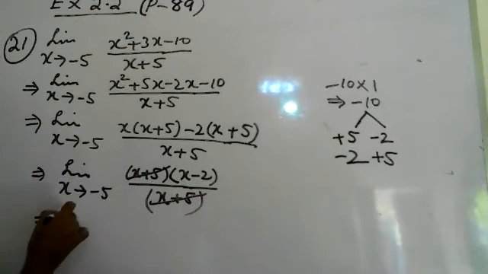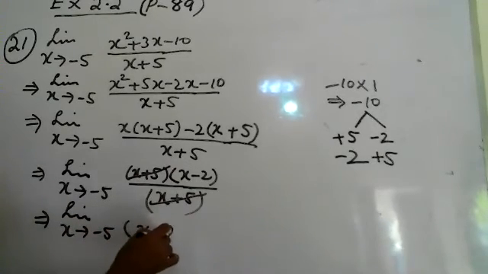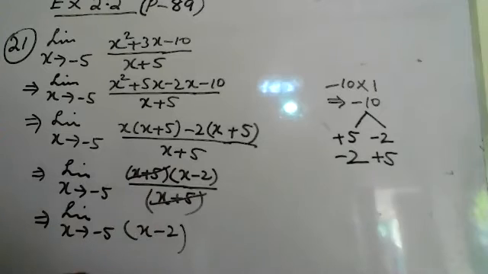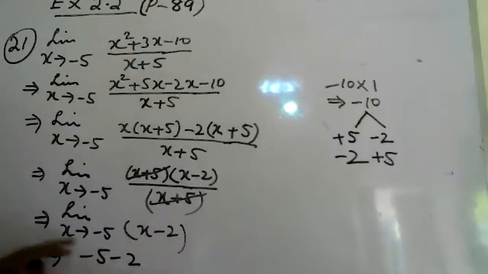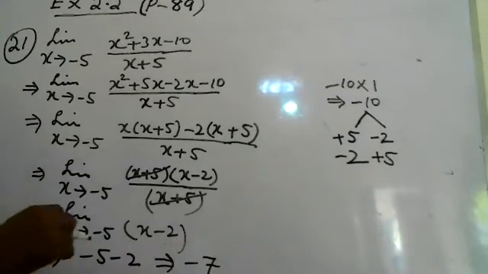So we will have limit x tends to minus 5 of x minus 2. Now put the values: minus 5, minus 2. Now there is no x, no need to write this one. Answer is minus 7. This is the answer.